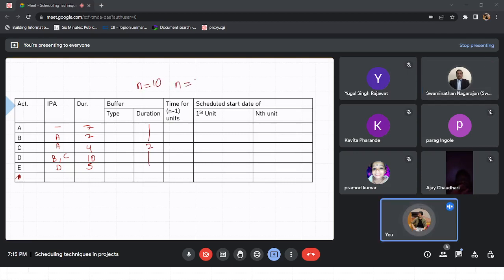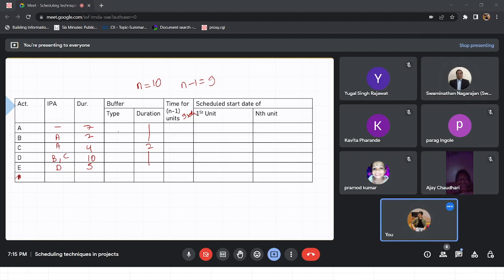N is equal to 10, so n minus 1 becomes 9 here. For this, we will be multiplying 9 into the duration for each activity. We will move on to this later.